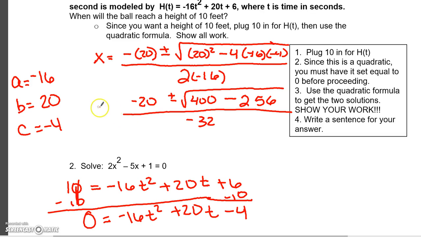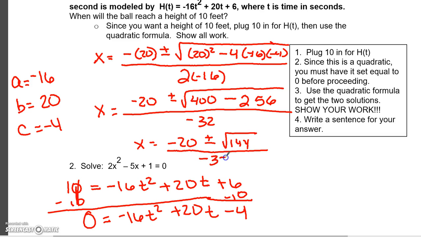So now, that's x equals, so can't do anything there. We're going to say 400 minus 256, and that gives us the square root of 144, over negative 32.